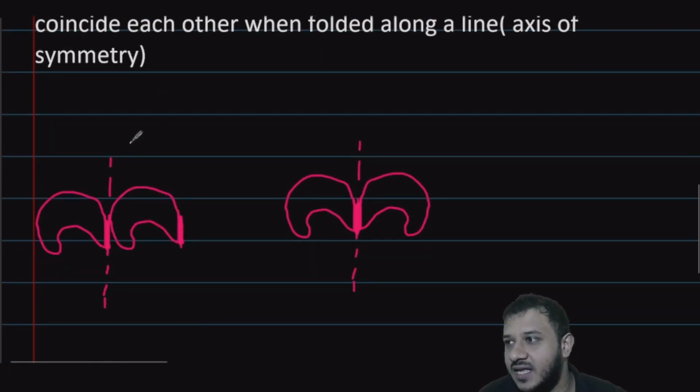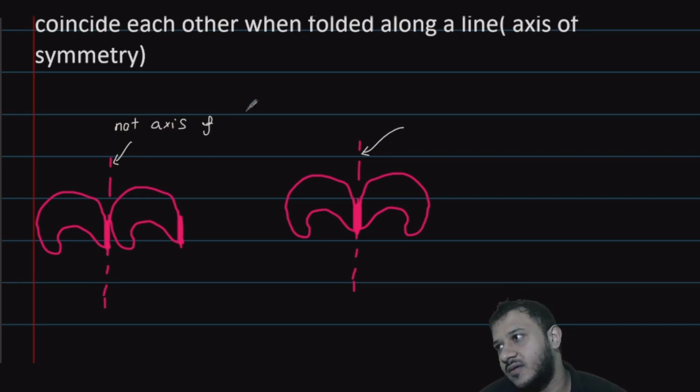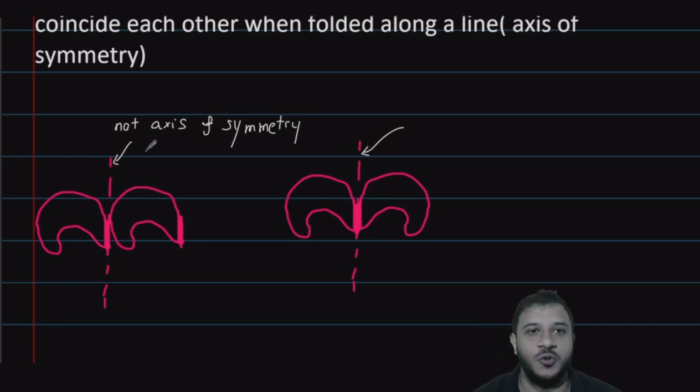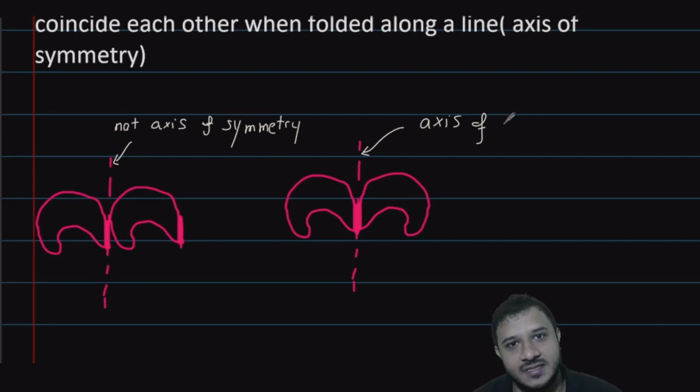What do we call this line? This is not an axis of symmetry, because there is no bilateral symmetry. But this is an axis of symmetry because there is bilateral symmetry.